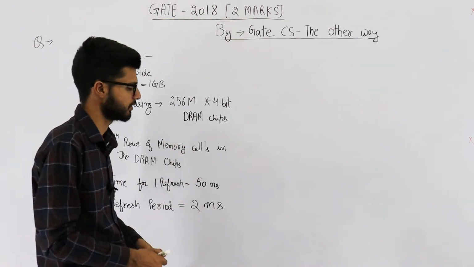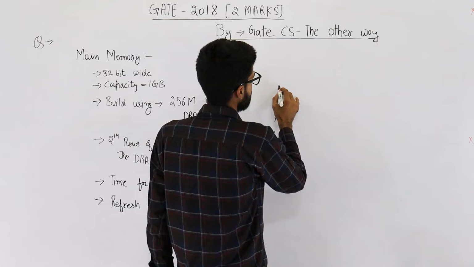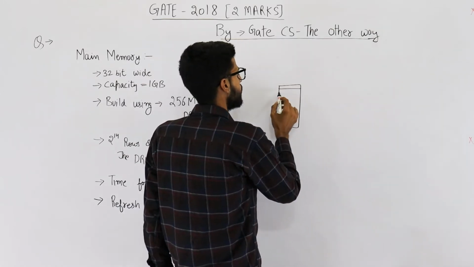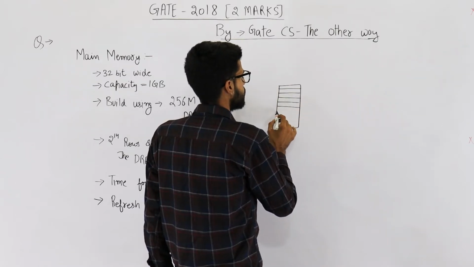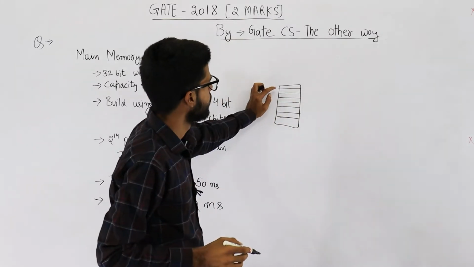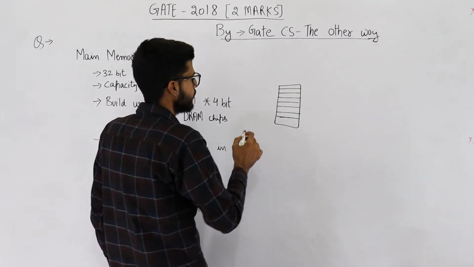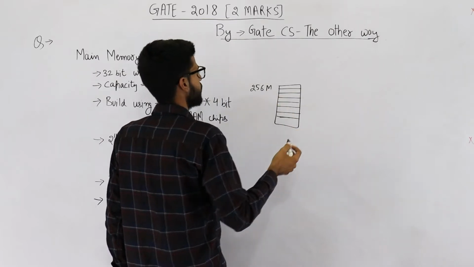What is the meaning of this? 256M means there are total 256M locations. So these locations or unique addresses, they will be 256M in number.